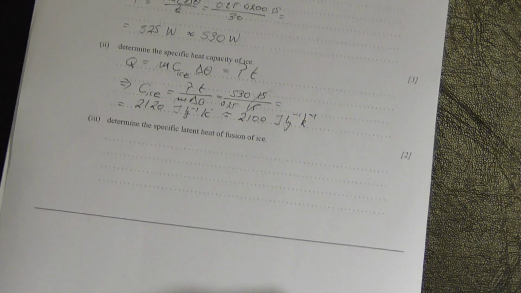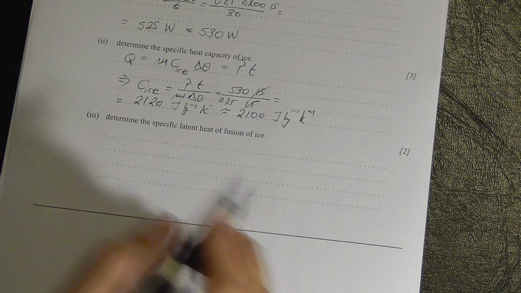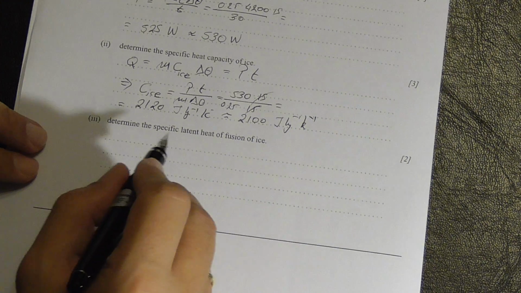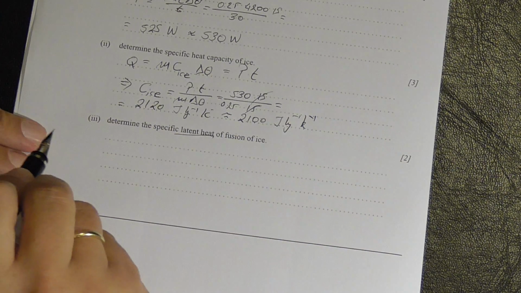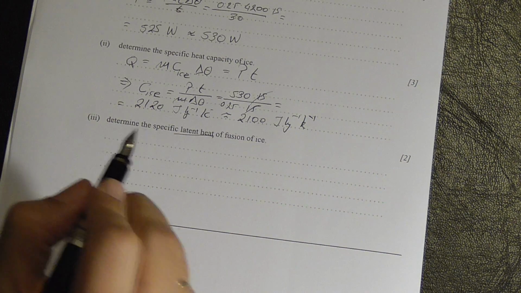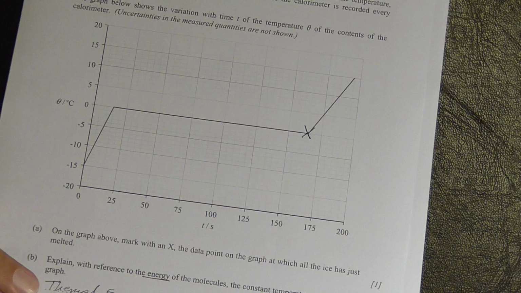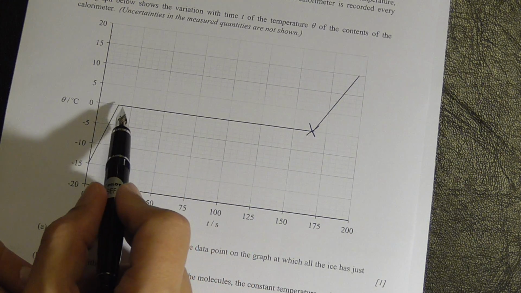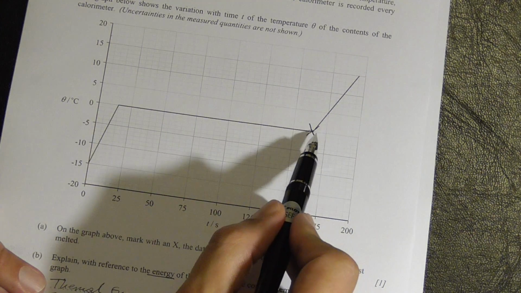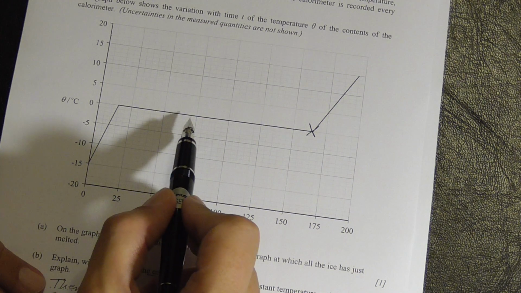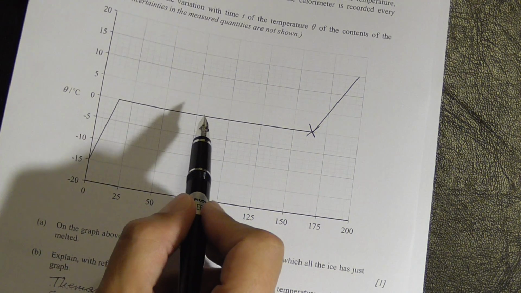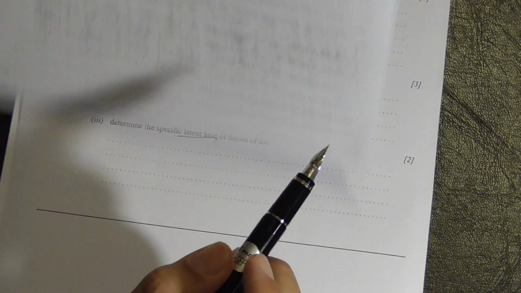And that's that. One more question, part 3. Determine the specific latent heat of fusion of ice. So now the other formula in calorimetry is for the change of state. Latent heat of fusion is Q over M, thermal energy over mass.